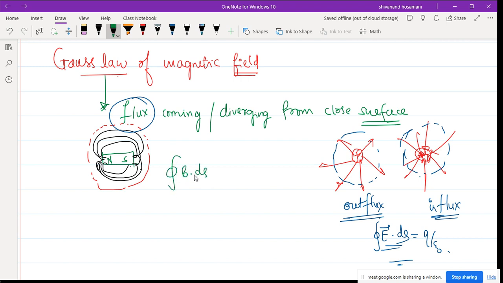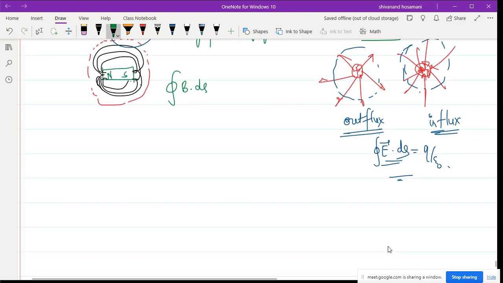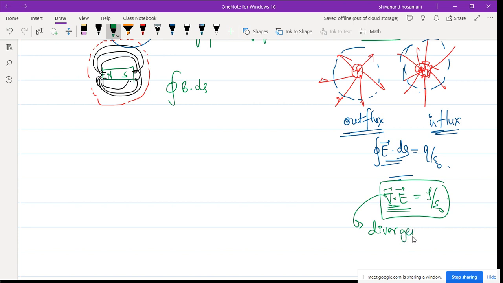In differential form we take del dot E, and del dot E is equal to rho divided by epsilon naught. Del dot is nothing but a divergence. So divergence is nothing but you are going to calculate the flux of that.